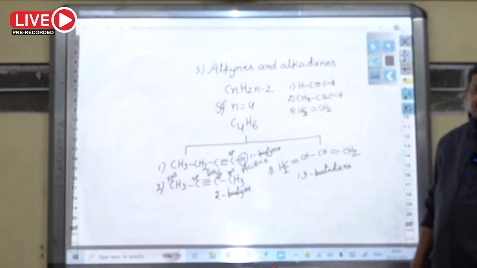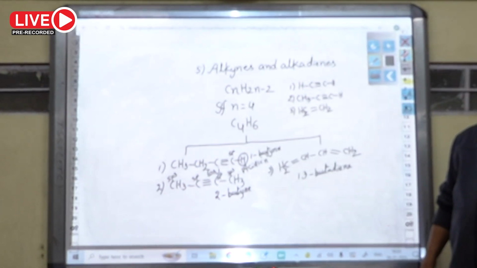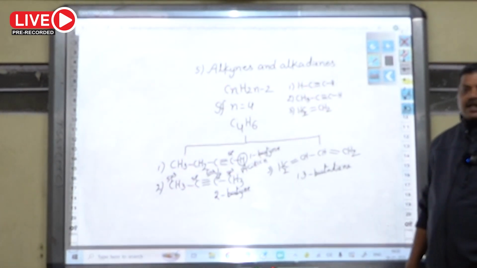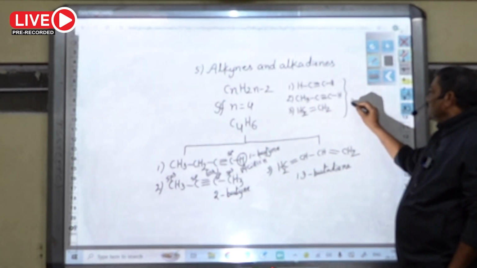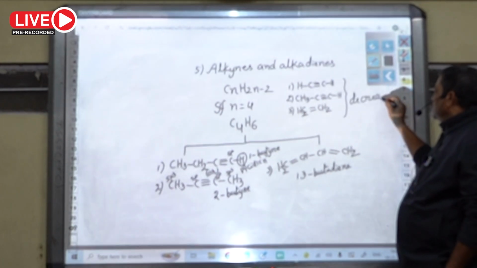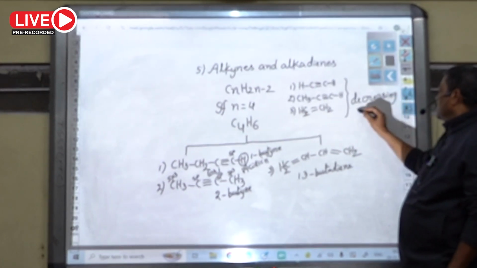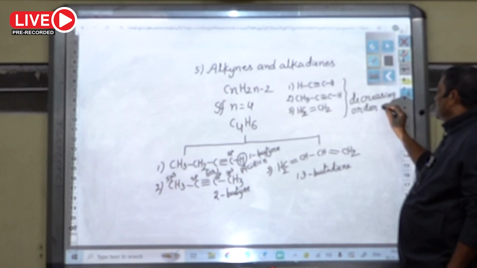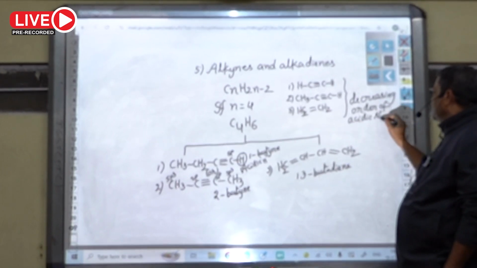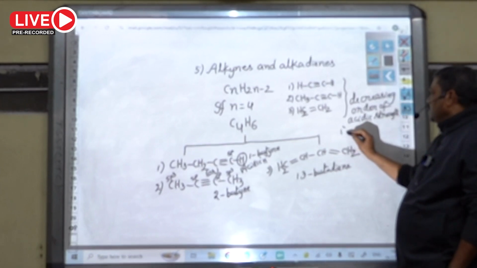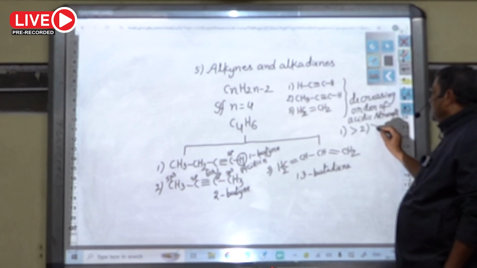Decreasing order of acidic strength. So the answer is 1 greater than 2 greater than 3.